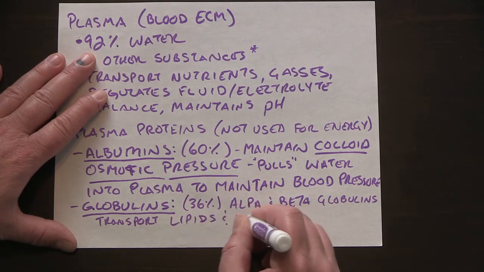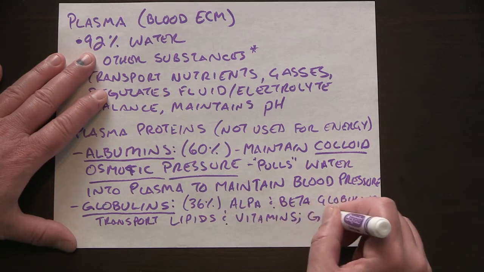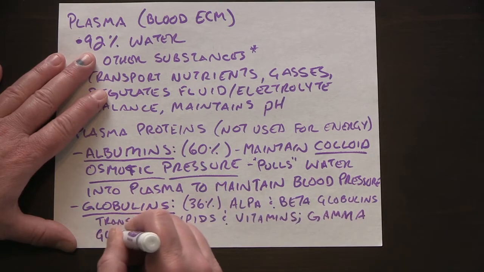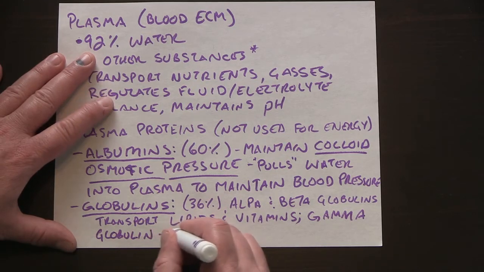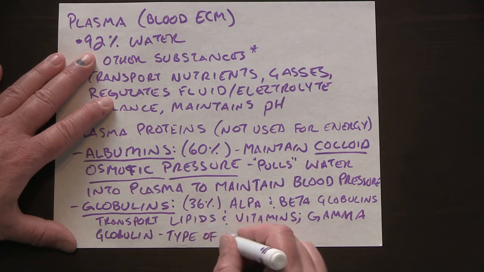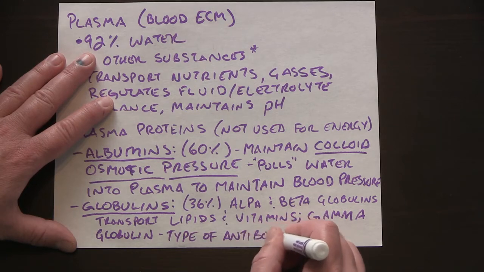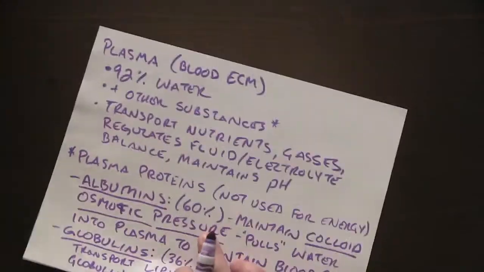Lipids and vitamins. And then there's another type called a gamma globulin. And this acts as a type of antibody. And there's one more, but I've obviously run out of room.